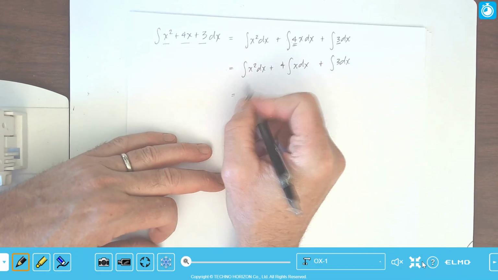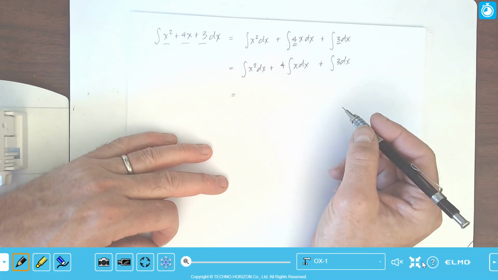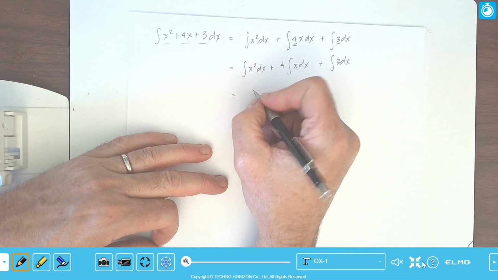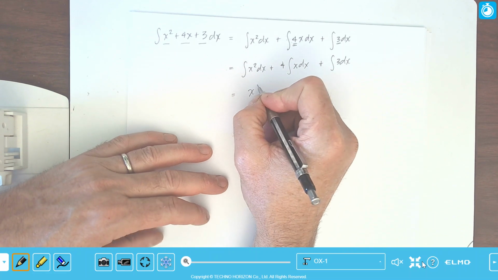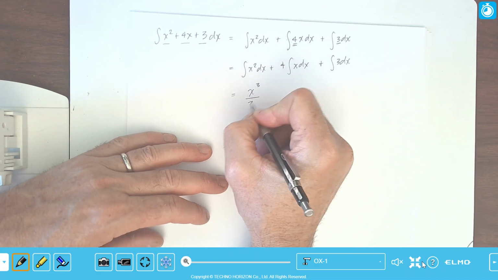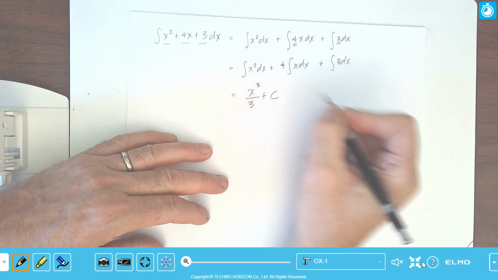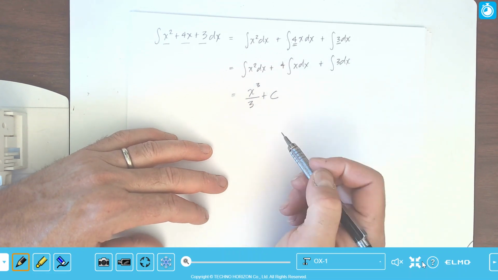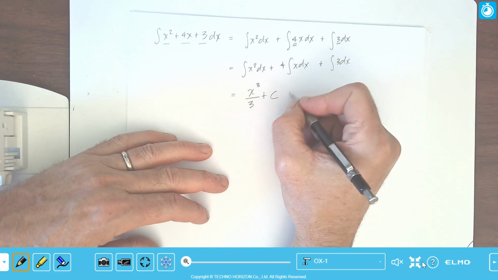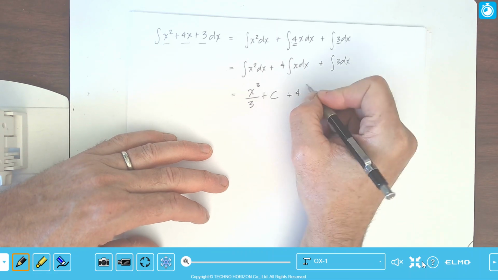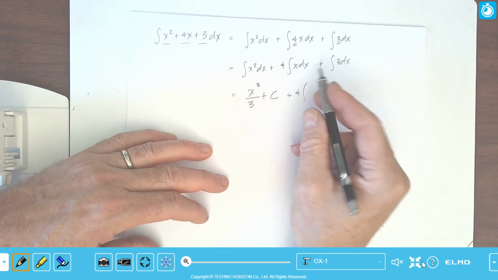Okay, so now I have the integral of a power, and we have a power rule that says this guy is x to the third over 3 plus a constant. So that was our power rule. This one is going to be 4 times x.